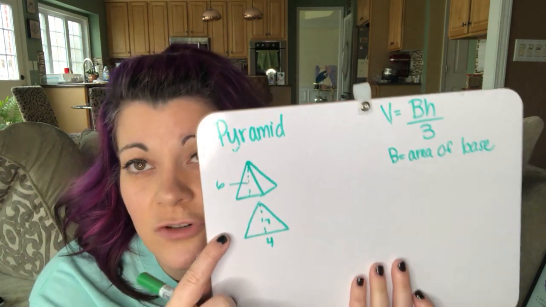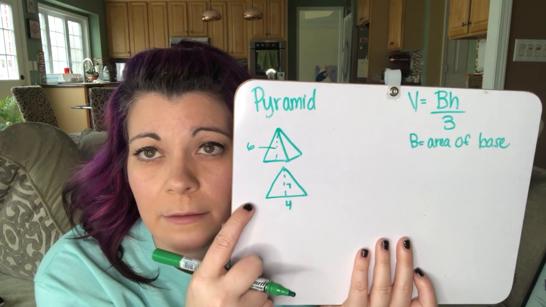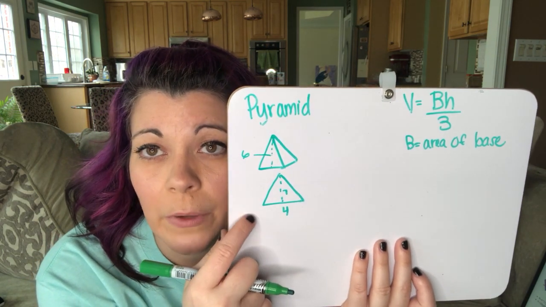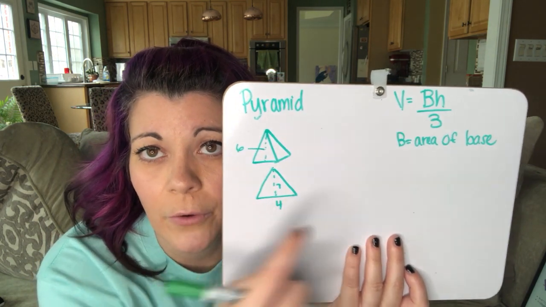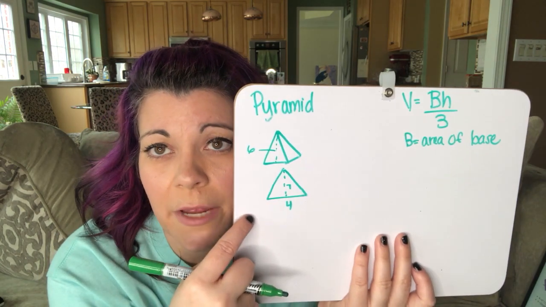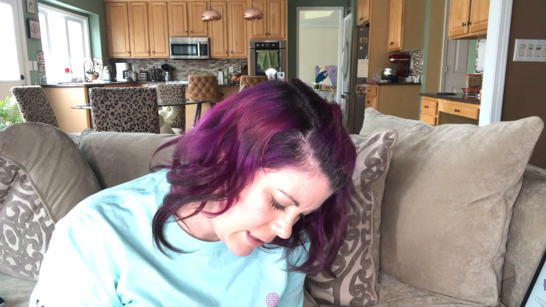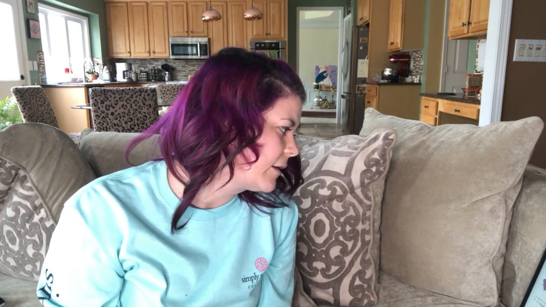This is another drawing of the base of the pyramid, because we know it's a triangular pyramid, so it's a triangle. So big B is the area of this triangle, base times height divided by 2. So 28 divided by 2 is 14. We know the height of the actual pyramid is 6.